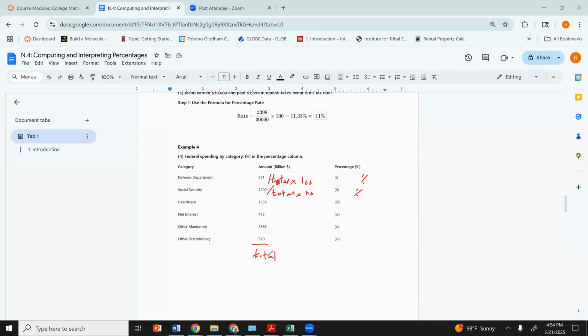So that way we will say, oh, for the Defense Department, the category of the federal spending is, let's say, 17% or 20%. So we can categorize each of these sections based on percentages instead of just numbers like this. So we can convert each of these numbers into percentages, but we need to get the total of each of these numbers when you add them.